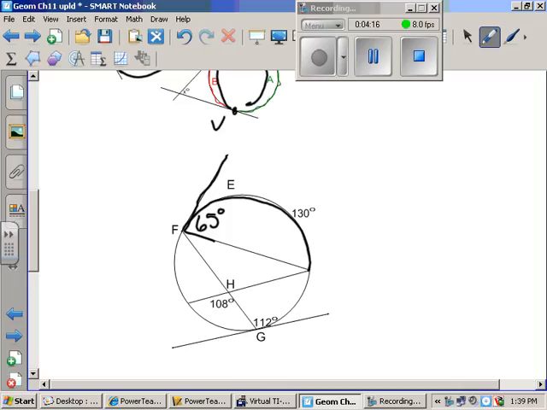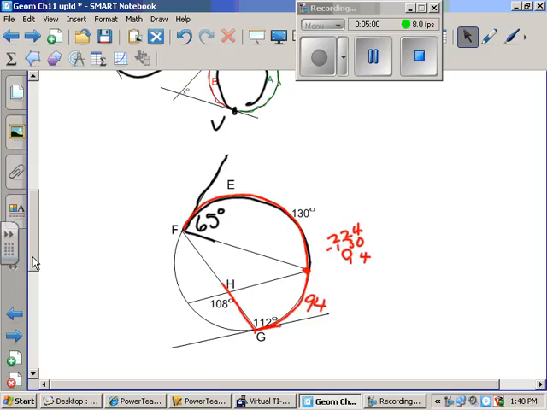Then I can see this angle is on the circle, and it intercepts this entire arc. That whole arc is twice as big as the angle, so it's 224. 130 of it is already being used up here, so 224 minus 130 is 94. So this piece of the arc is 94.